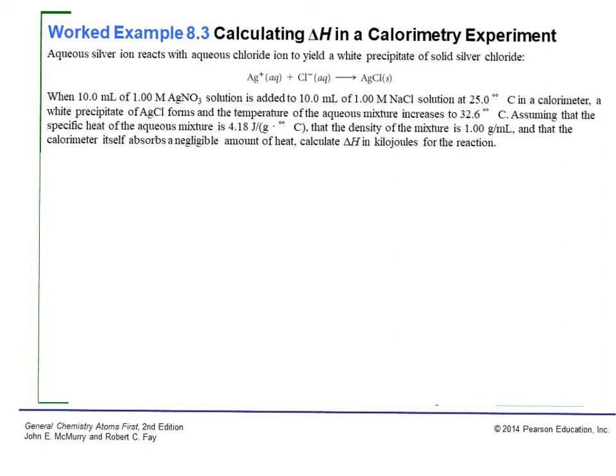The key to working anything in calorimetry is identifying your system and your surroundings. Whenever you see a chemical reaction, you immediately want to declare that your system. That's my system. That's not my lion. It's two.